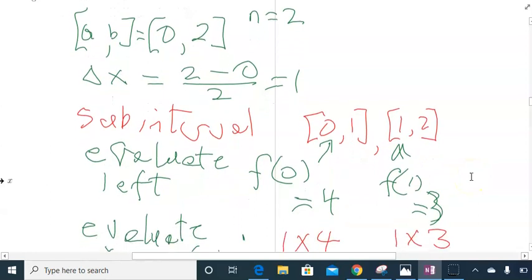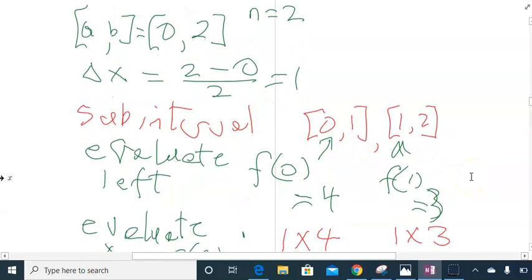So then we're going to plug these into our f of x formula, and we knew that our f of x formula was 4 minus x squared. So f of 0 is equal to 4 because that's 4 minus 0 squared, and f of 1 is equal to 3 because it's 4 minus 1 squared.